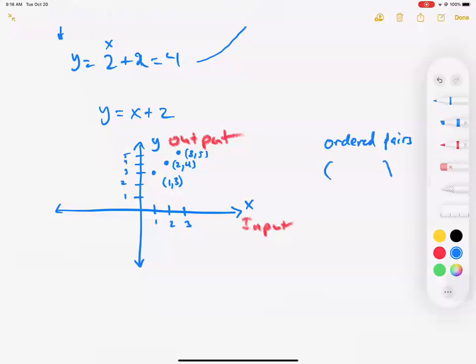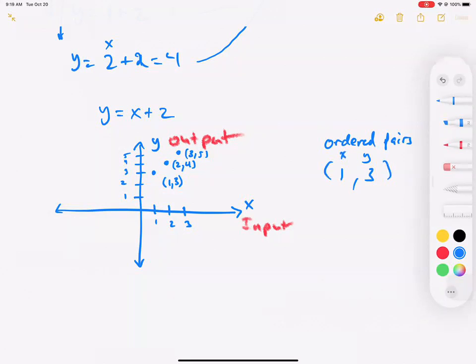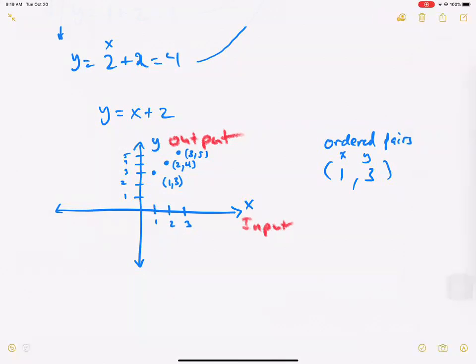An ordered pair is 2 points where we have an x and y. So if I say 1 and 3, the x value is 1, and the following value, the next object, is our y value, 3. And why do they call them an ordered pair? It seems kind of lame, but the reason why is this is not the same as 3, comma 1.